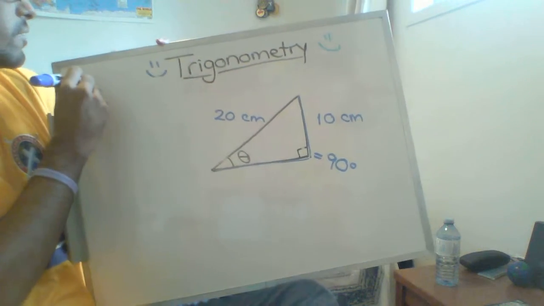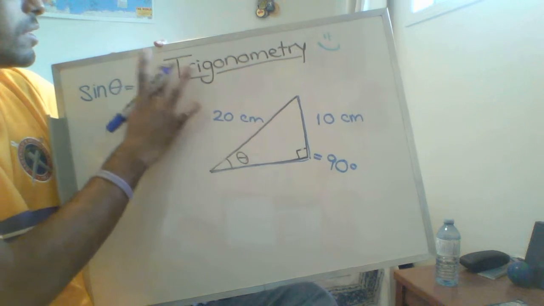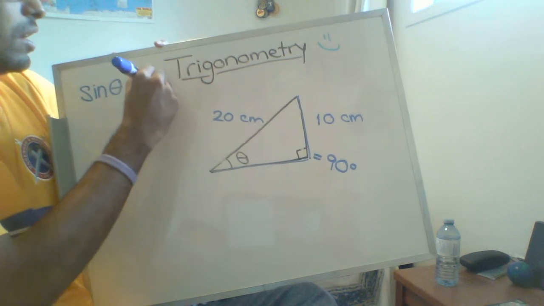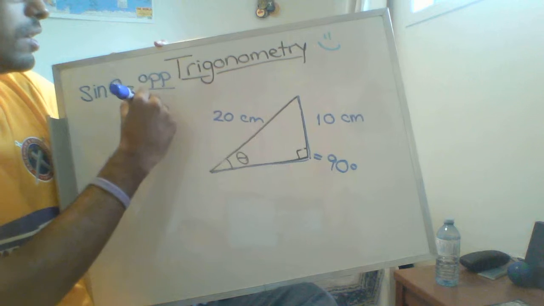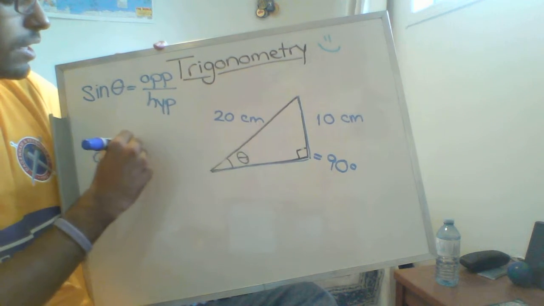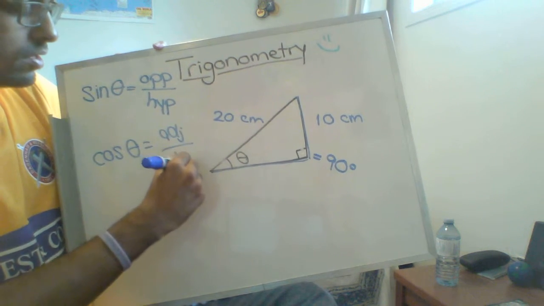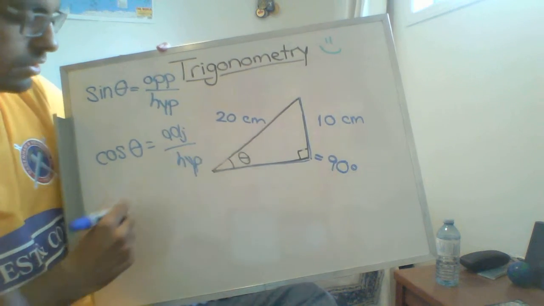Now let's remind ourselves of the three trigonometric functions. We've got sine theta, which is opposite over hypotenuse. We've got cosine theta, which is adjacent over hypotenuse.